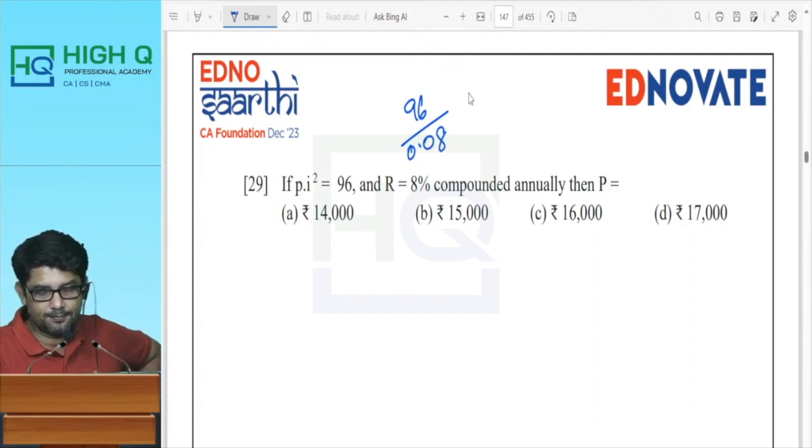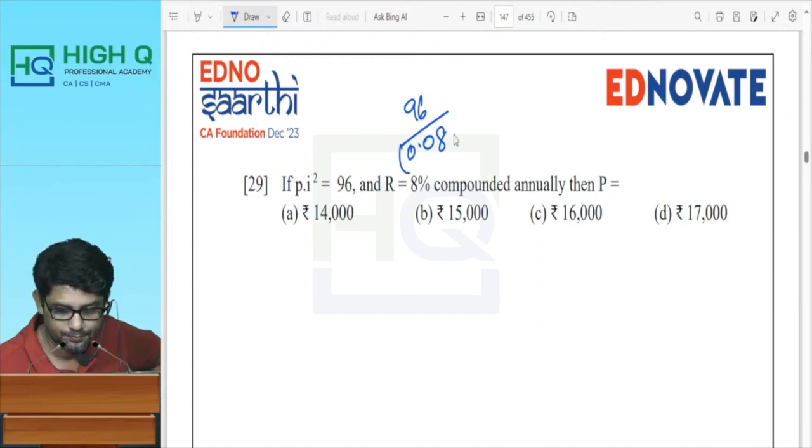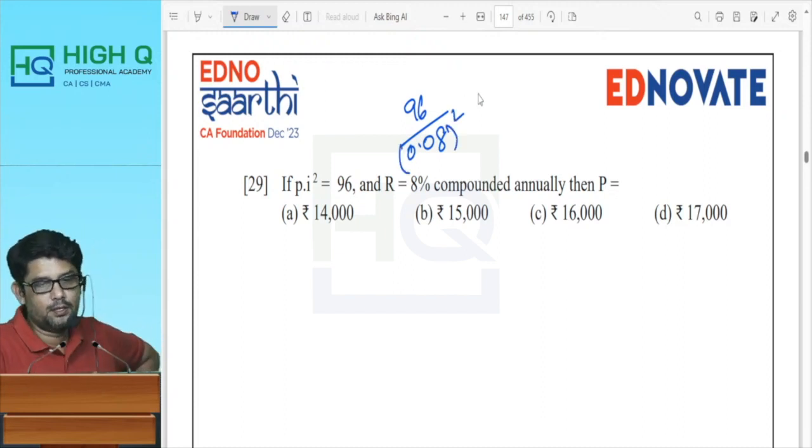What is the answer? Oh, sorry. 96 divided by 0.08 the whole square. B is the right answer.